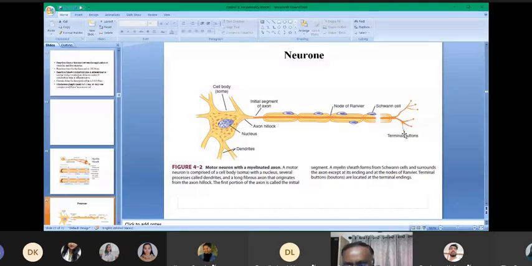Then when the impulse comes here, the nerve terminals are here, neurotransmitters are stored here, the neurotransmitter comes out. These are the nodes of Ranvier. Those things you know, isn't it?